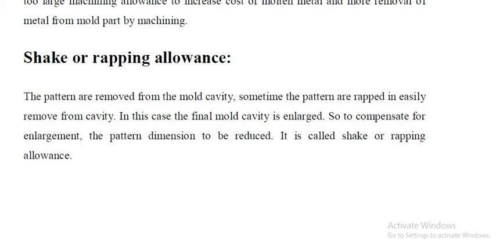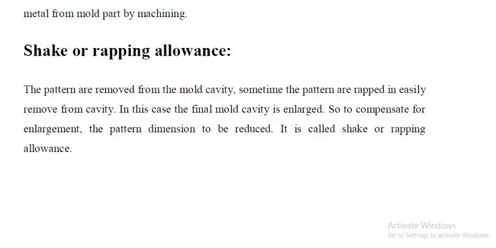So finally the mold cavity size will be enlarged, and that requires more metal. To compensate for this enlargement, the pattern dimension is generally reduced, so that it cannot rap easily when removed from the mold cavity. This type of allowance is called shake or rapping allowance.